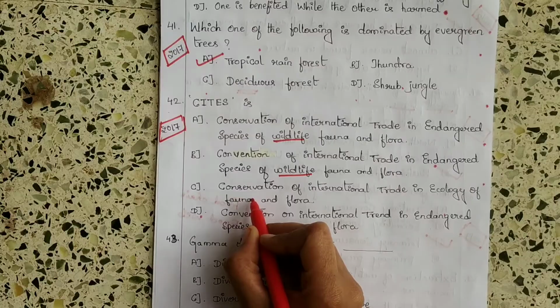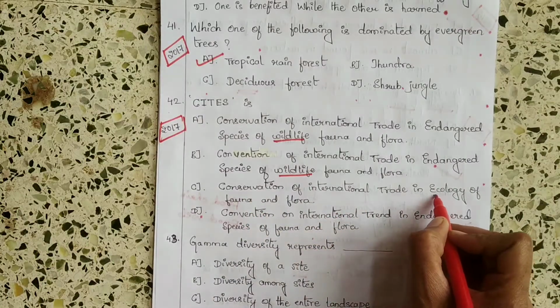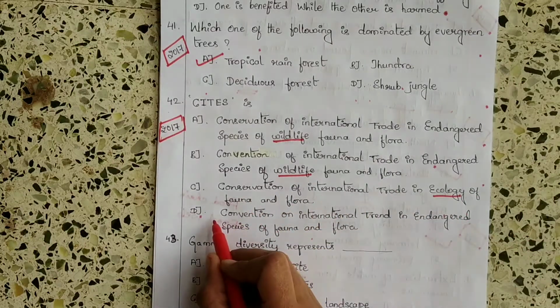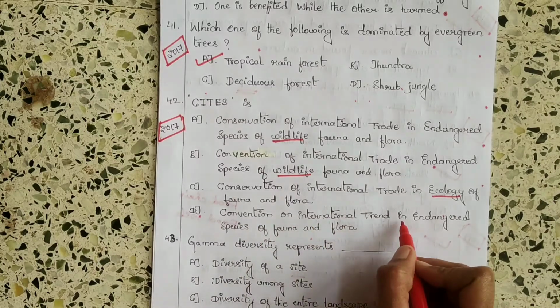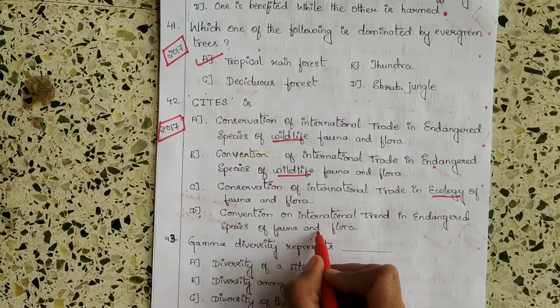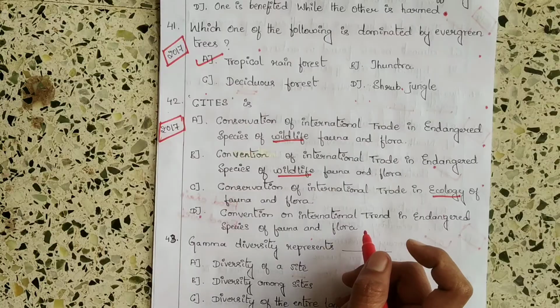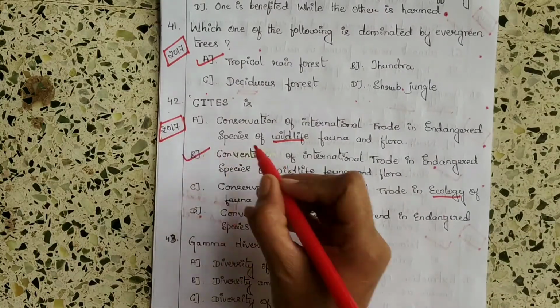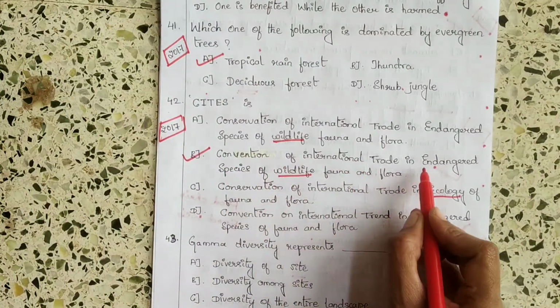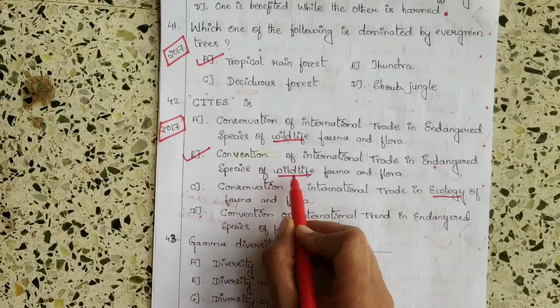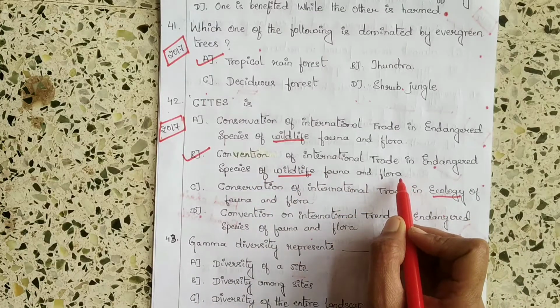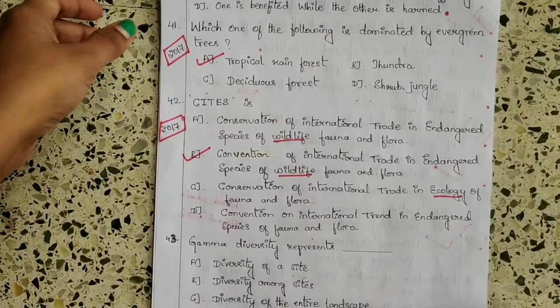Option C, conservation of international trade in ecology of fauna and flora. Option D, convention of international trade in endangered species of fauna and flora. The correct option for this is option B, that is convention of international trade in endangered species of wildlife, fauna and flora. Okay, let us move on to the next question.